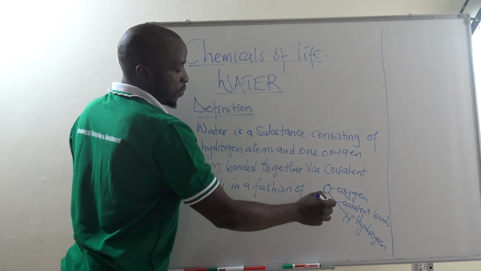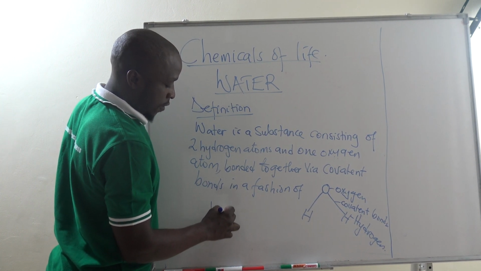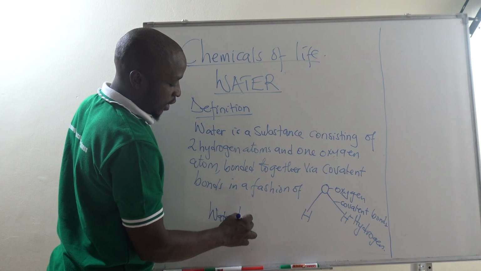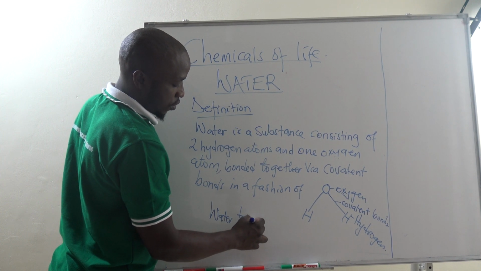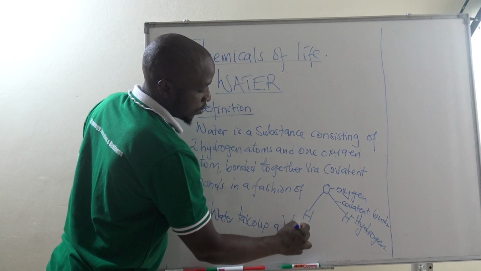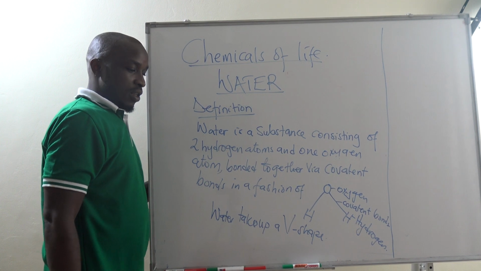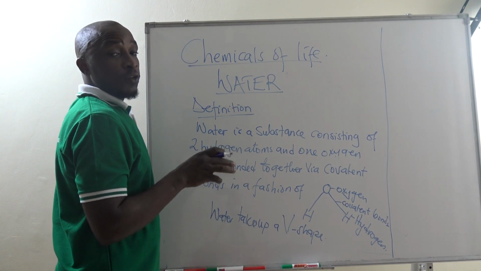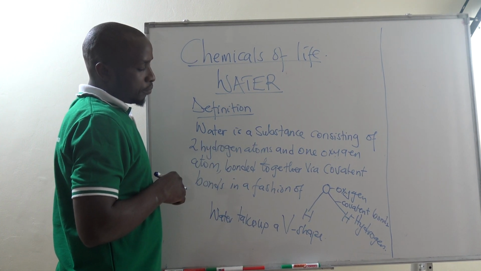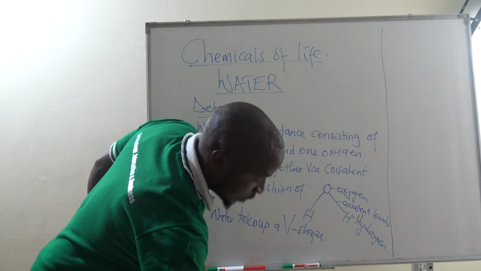So this shape water takes up, water takes up a V shape. So the water molecule chemically in 3 dimensions is V-shaped. That would be water.